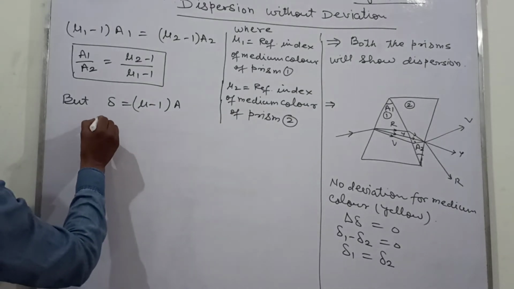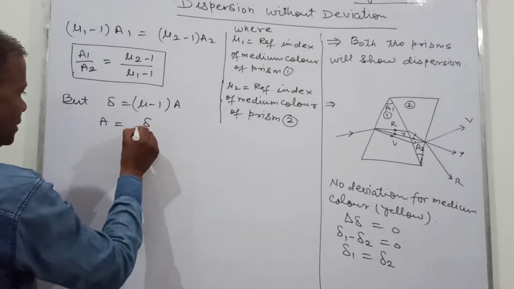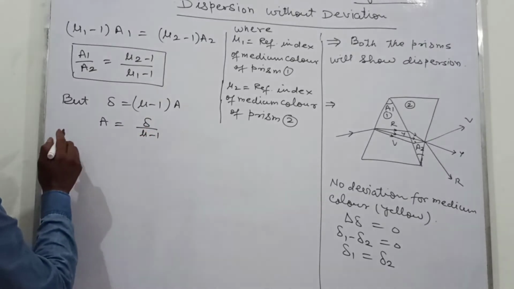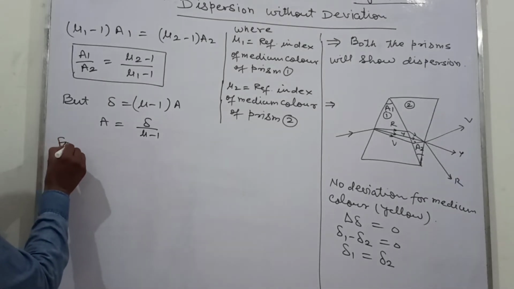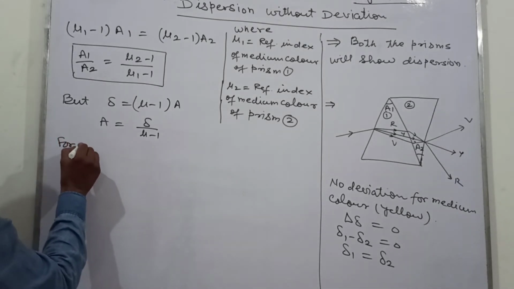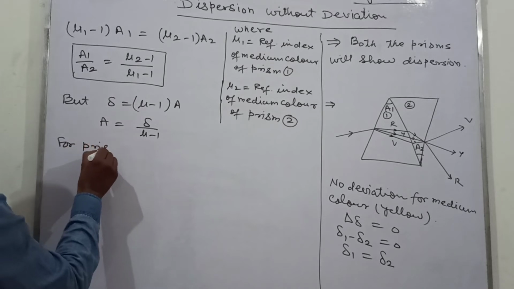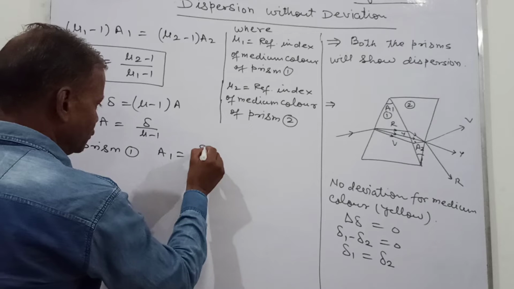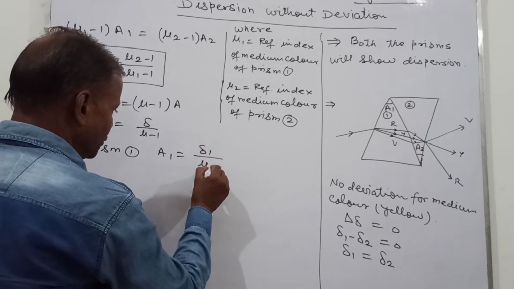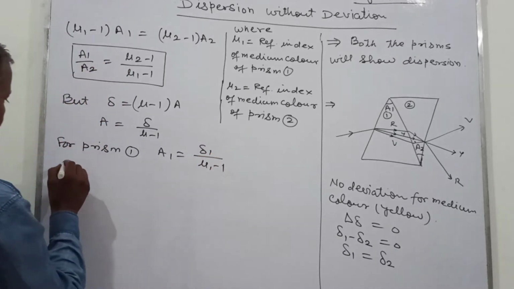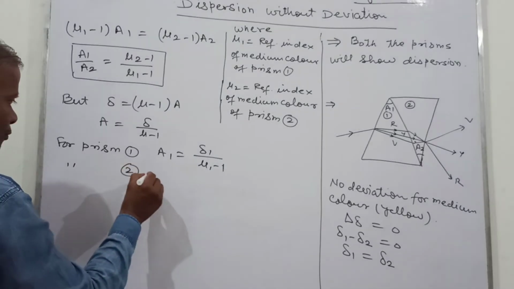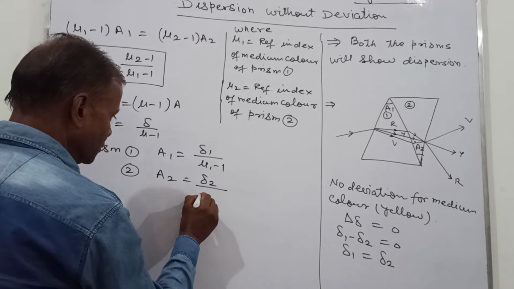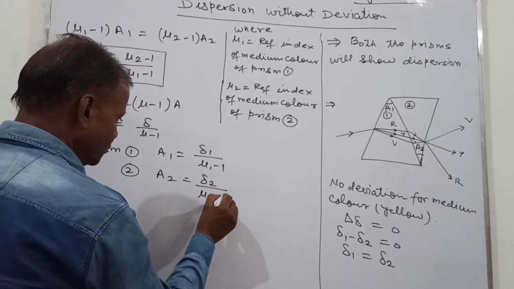Now from here A is equal to delta upon (mu minus 1). So now we can have, for prism 1, A1 is equal to delta 1 upon (mu1 minus 1), and for prism 2, A2 equal to delta 2 upon (mu2 minus 1).